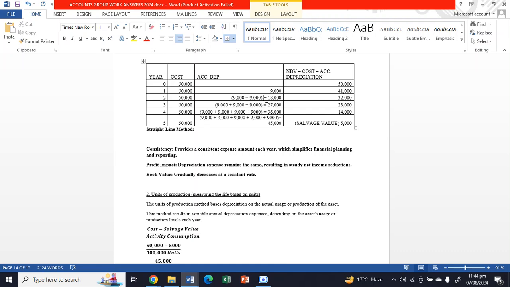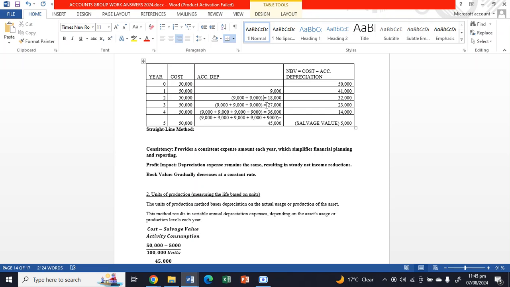You might produce 20,000 this year, 25,000 the next year, 23,000. So when that's happening, your depreciation expense will be fluctuating in the statement of profit or loss. And the reduction in the value of the asset will also be fluctuating, because the depreciation expense might be higher or lower that year.